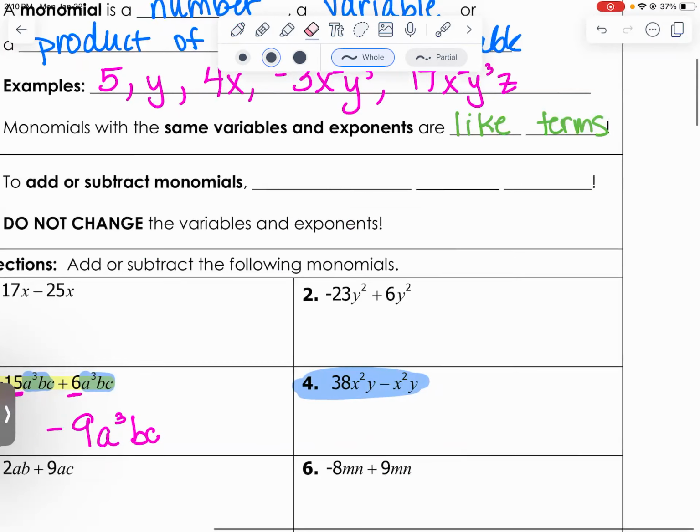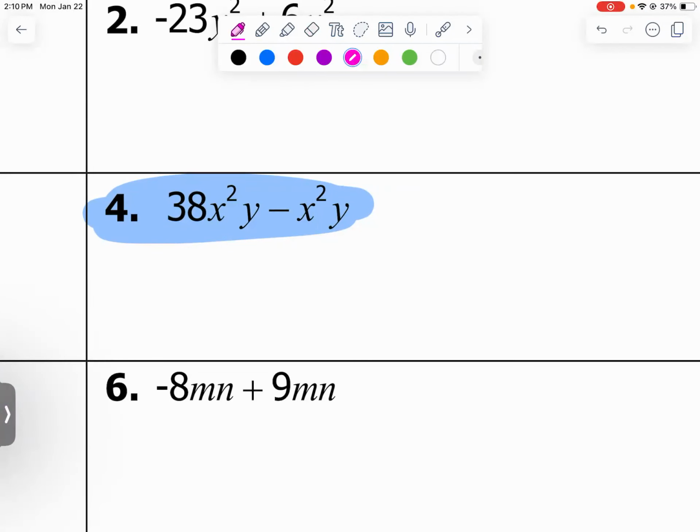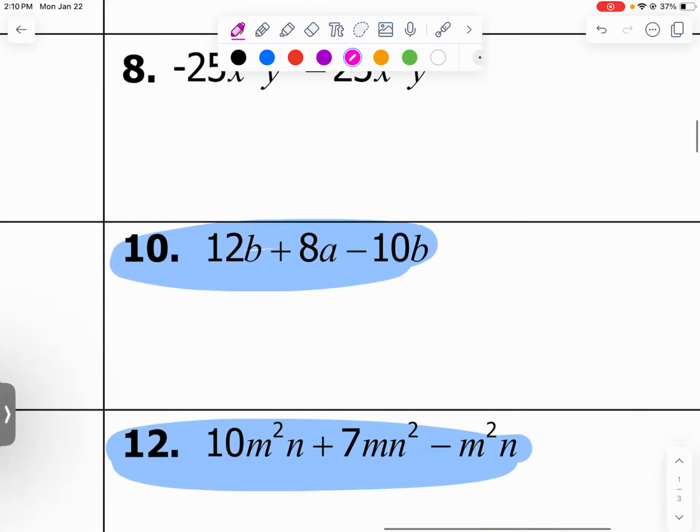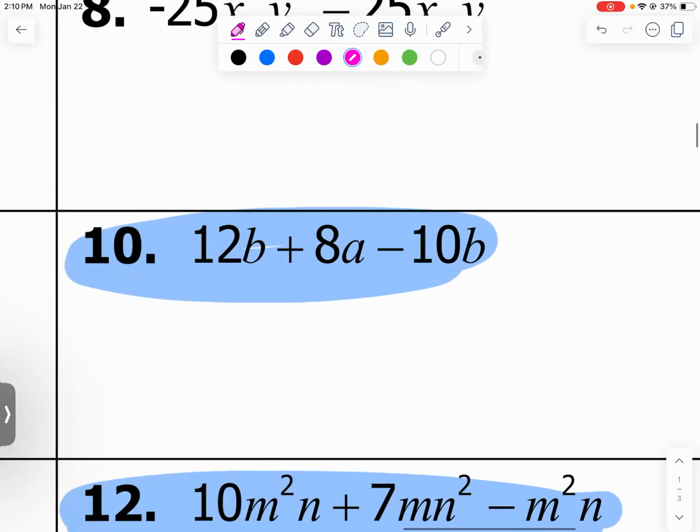Ellery, what did you get for number 4? Okay, notice how we have like terms. This guy just has a coefficient of -1. So we keep the like terms and we add, or in this case subtract, our coefficients.